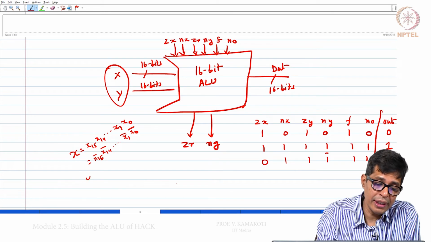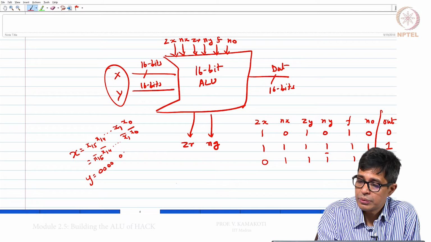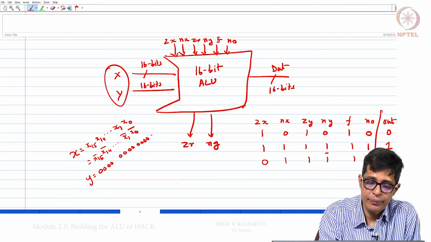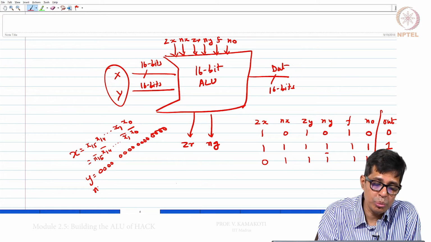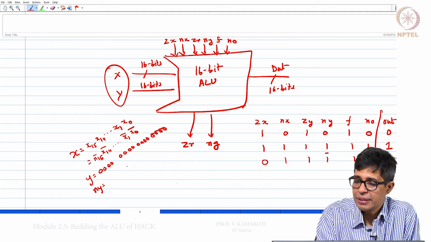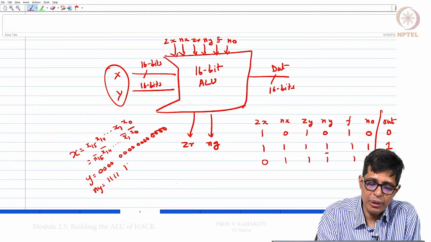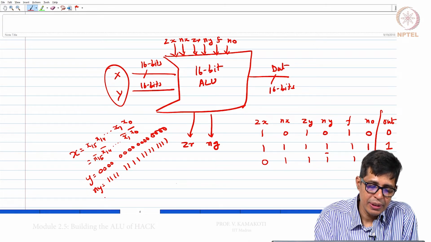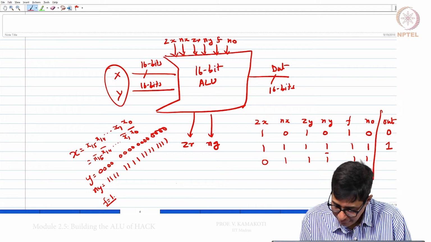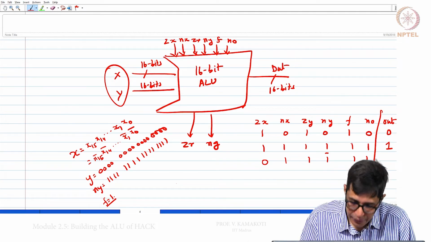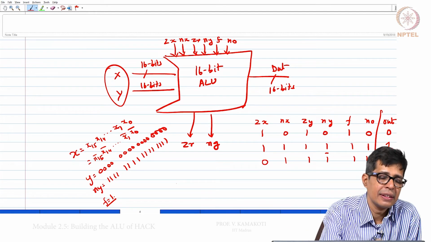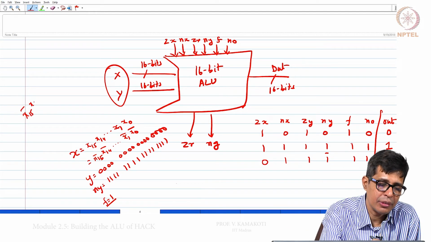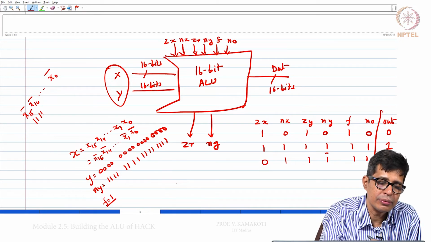Since ZY is 1, y is 0 0 0 0, and since NY is 1, it gets inverted, so this will become 1 1 1 1 1 1 1 1 1 1 1 1 1 1 1 1. Finally, since F is 1, we add x15 bar, x14 bar till x0 bar with 1 1 1 1.